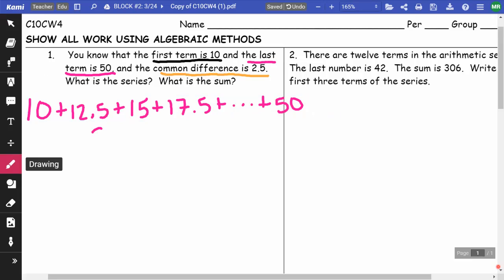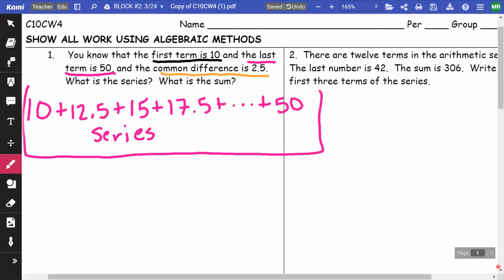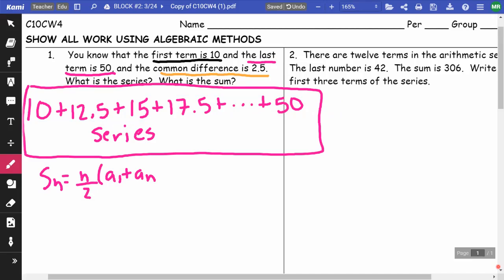Then they want us to do the sum of this. In order to figure out the sum, I'm going to be using the formula S sub n is equal to n over 2 times our first term and our last term.